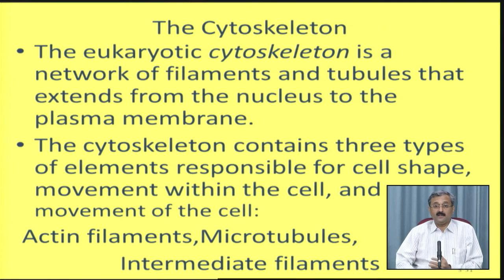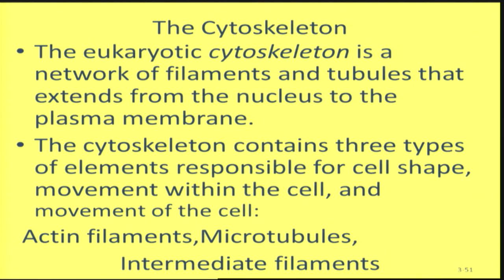And what are these three types of elements which are important in the cytoskeleton? They are actin filaments, microtubules, and intermediate filaments. These three elements are responsible for cell shape, for movement within the cell, and for movement of the cell.